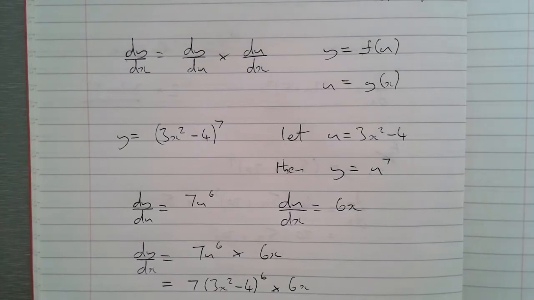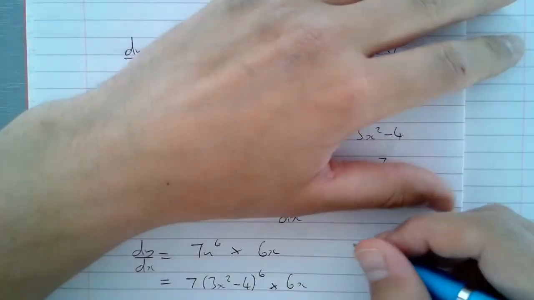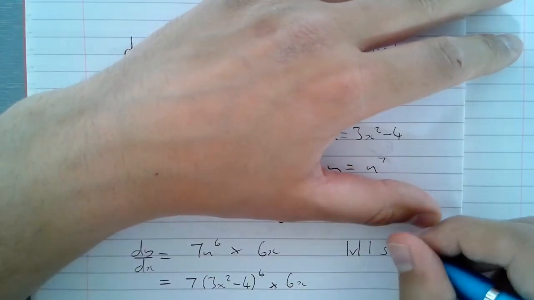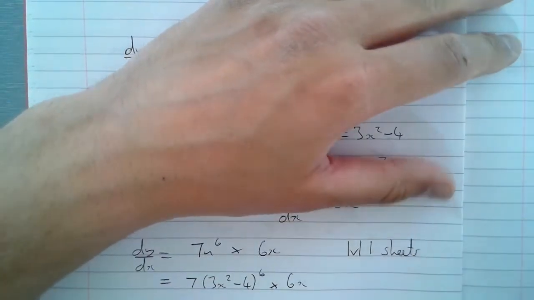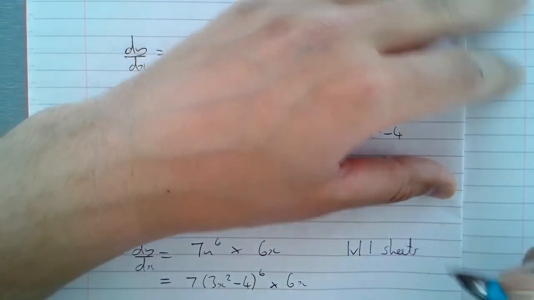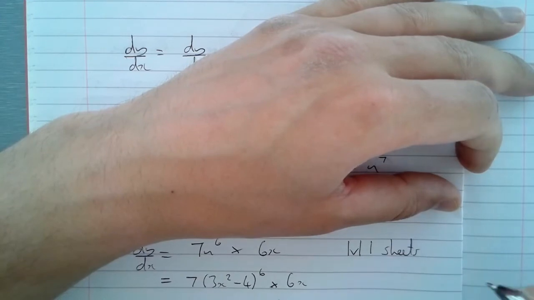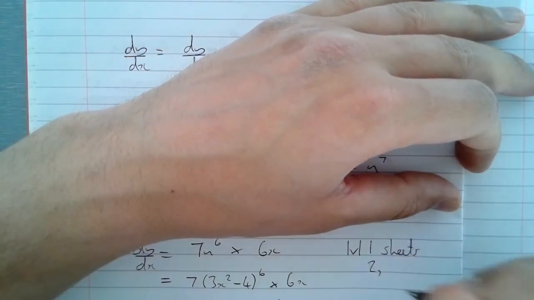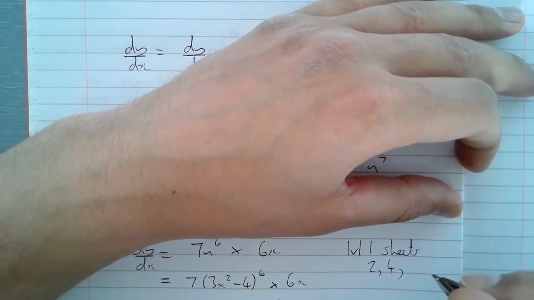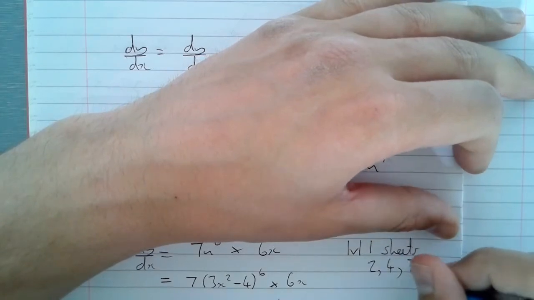From the level 1 sheets, that's not the modulus of V by the way, that's level 1, I'd like you to do question 2, question 4, and question 7.